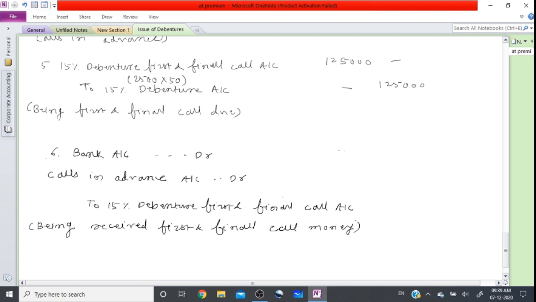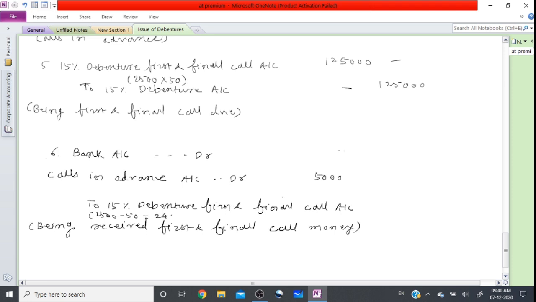Okay, so calls in advance is 5,000 rupees, and here calls in arrears is there, na? So 2500 minus Mr. Y holding 50 shares did not pay final call, so we have to deduct the 50 rupees from 2500.